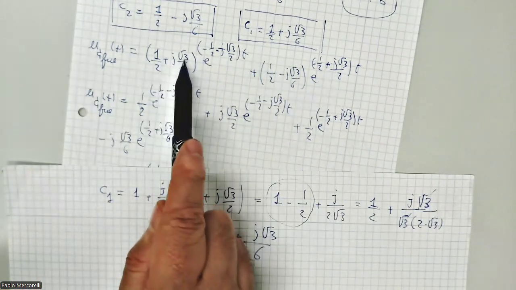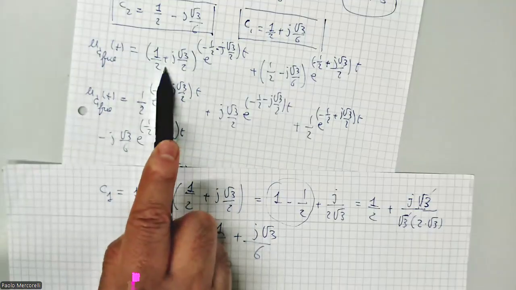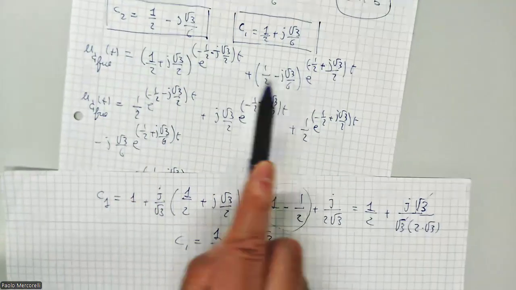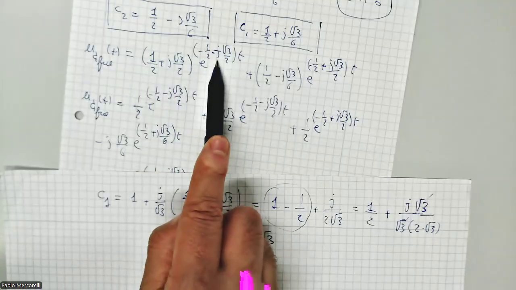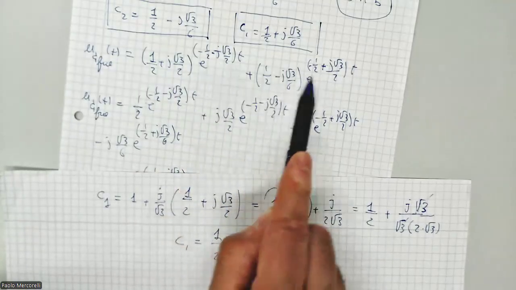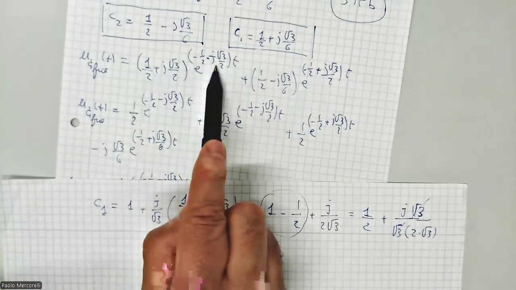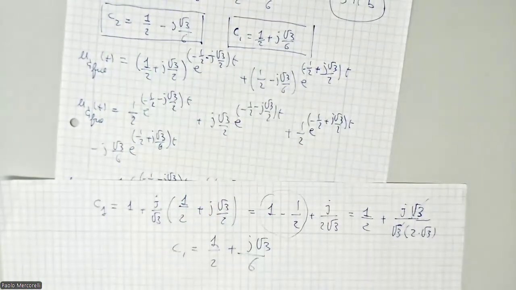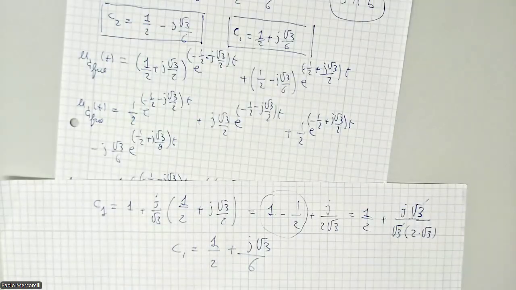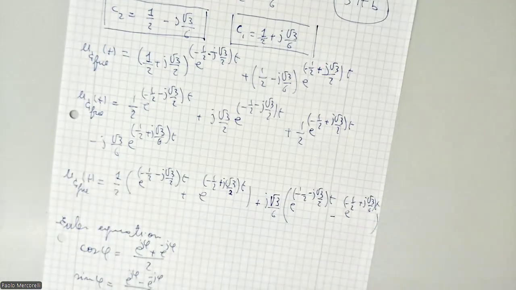If I plug in now C1 here and C2 here. Do you remember, the general solution was C1 multiplied by this plus C2 multiplied by this. Now I particularize the solution considering my initial energy. And then the energy is going ahead.